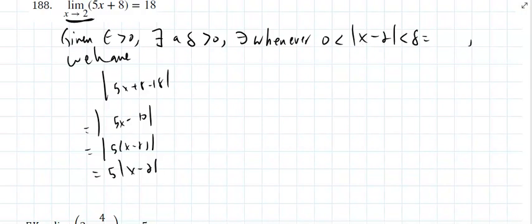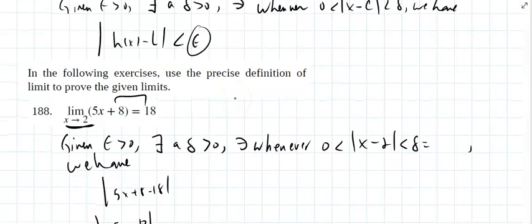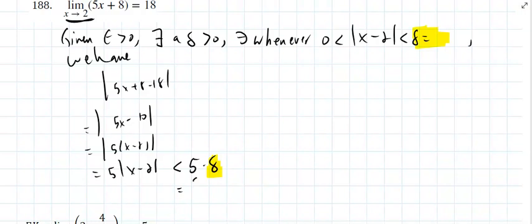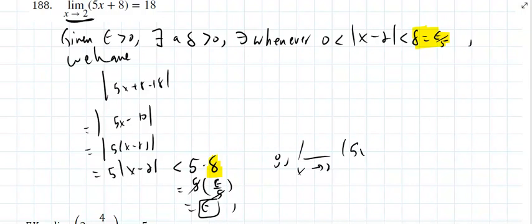So I could say this is less than 5 times delta. Remember, I want, for this to work, I must get an epsilon. So, since I got a delta, what must I set delta equal so that I'll get an epsilon in the next step? Shouldn't I set delta to equal epsilon over 5? This way I'll take epsilon over 5, the 5's cancel out and I get an epsilon. Therefore, the limit as x approaches 2 of 5x plus 8 equals 18.